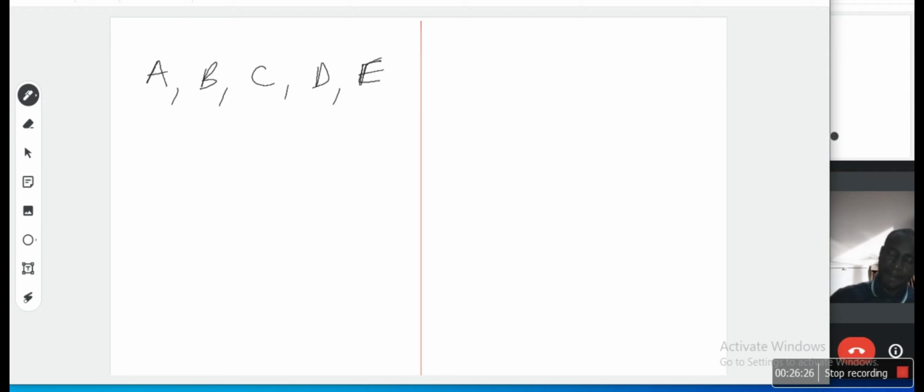I have letters A, B, C, D, and E. And I want to arrange them in threes, such that A and E are always the first and the last. Can we try that first of all? We want to arrange them in threes, but A and E should always be first and last.